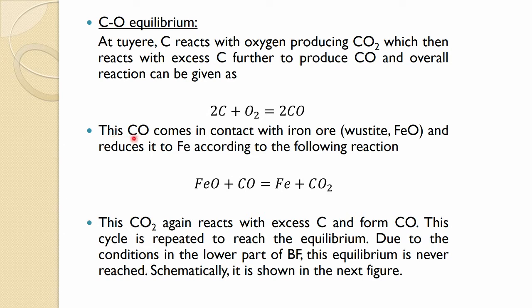Now this CO goes up and comes in contact with iron ore in the form of wustite. As you remember, we mentioned that at the formation of the cohesive zone, melting of the ore and gangue starts.